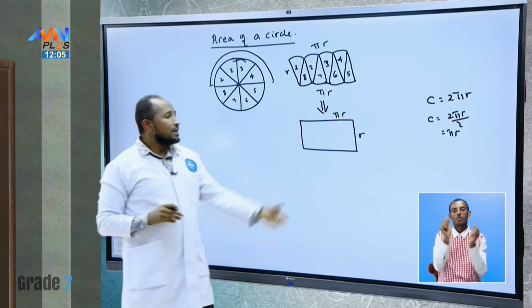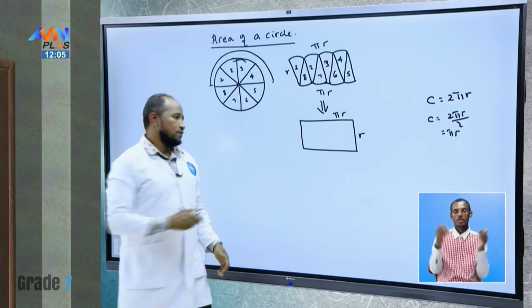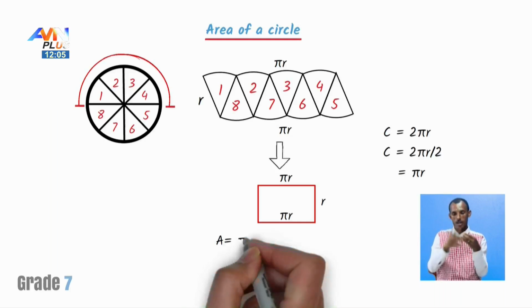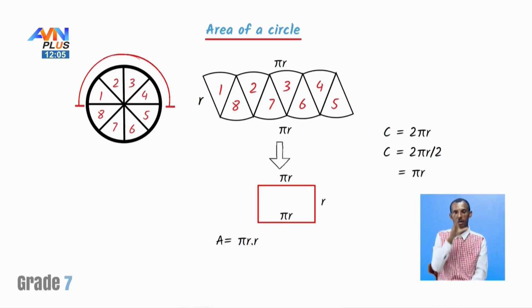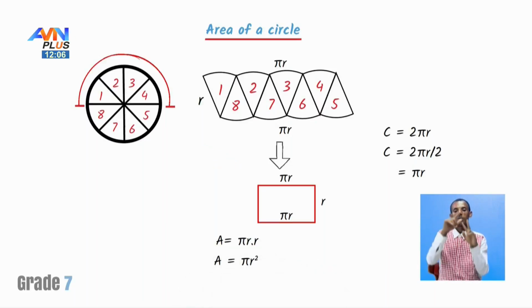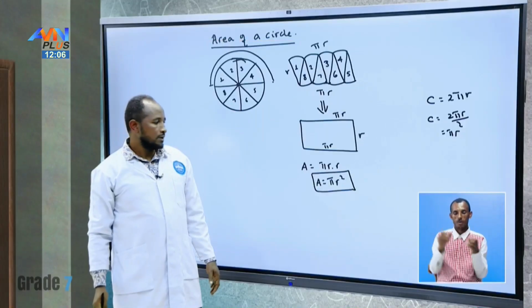So we can calculate the area of this, which is equivalent to the area of the circle. Therefore, the area of the circle will be equal to the base, which is pi r, and the height is the radius. So the area of a circle is given by the equation pi r squared. So this is the equation we use to calculate the area of a circle.